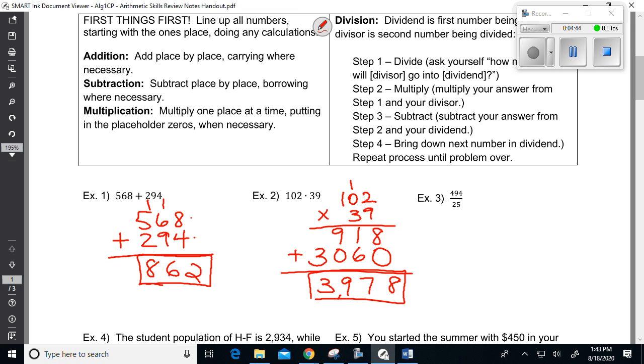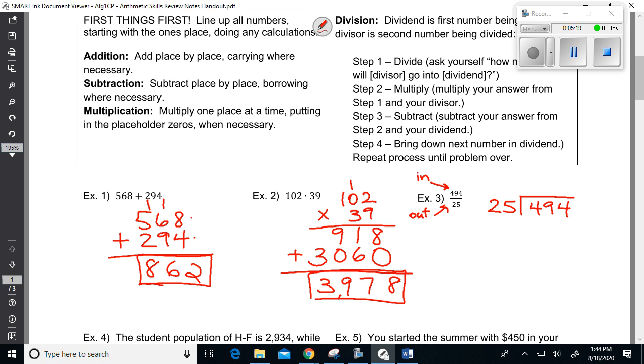Then let's do one more example before we look at some word problems, because we will do word problems in this class. 494 divided by 25. So when you're solving this out by hand, the top number goes inside the division box. The bottom number goes outside. So top number goes in, bottom number out.